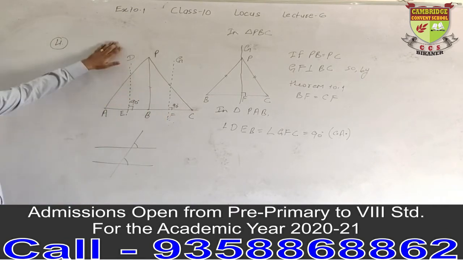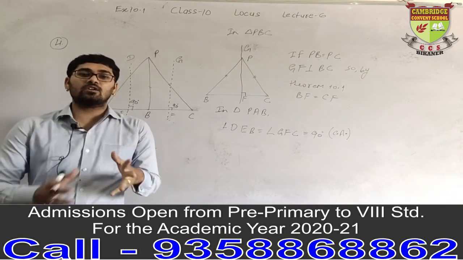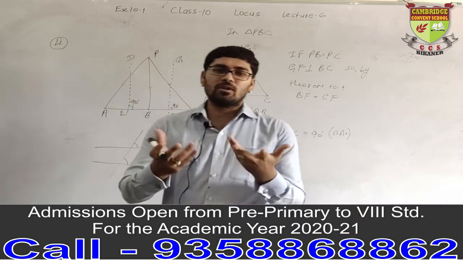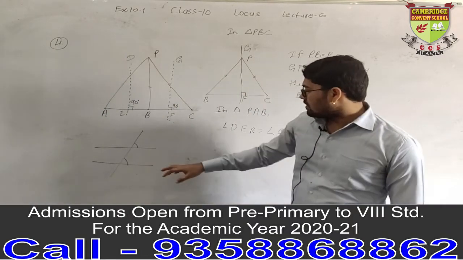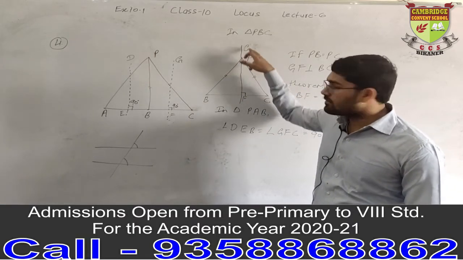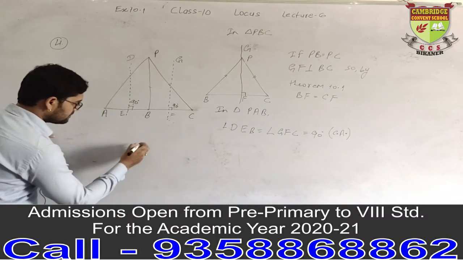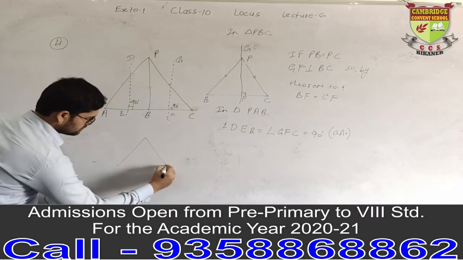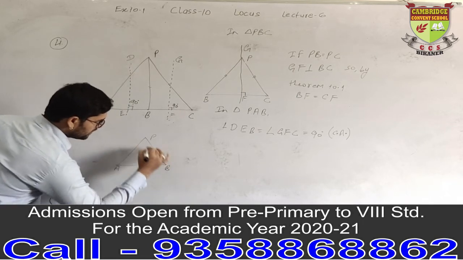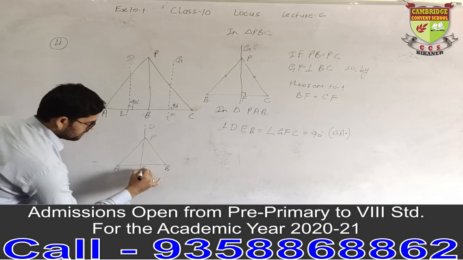So we can say that DE and GF are not a single line, they are two different lines. If they are two different lines, then how can a common point be plotted there? See, P is here, right? On GF there is a point P. I drew some figure here on which P, A, B and DE.